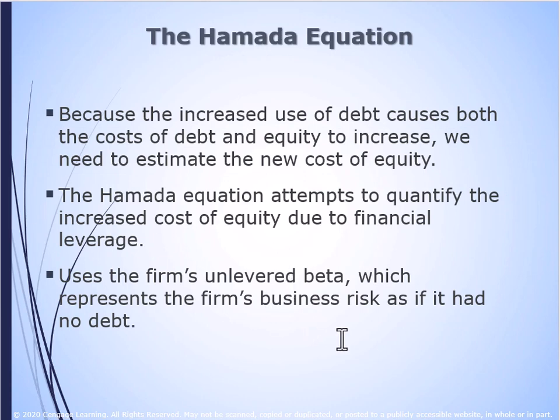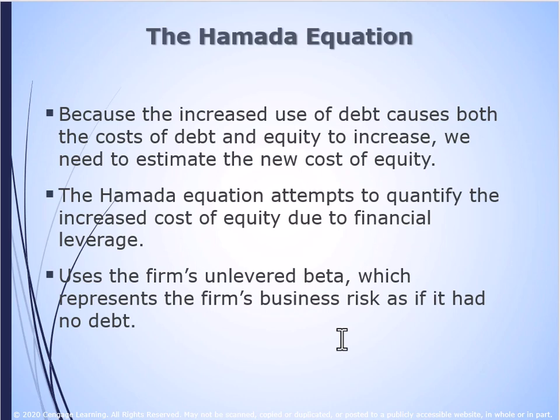We do this with a formula that's referred to as the Hamada equation. The Hamada equation looks at the company's beta if it had absolutely zero debt. So this company that we have right now, we haven't refinanced anything yet.